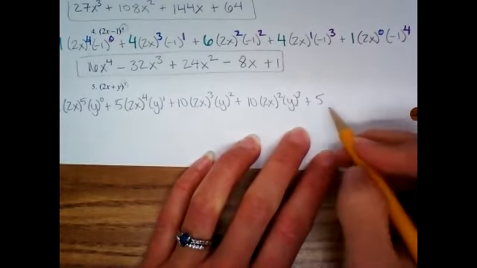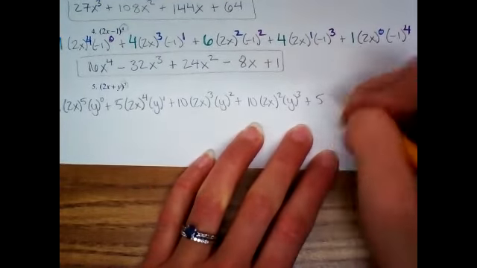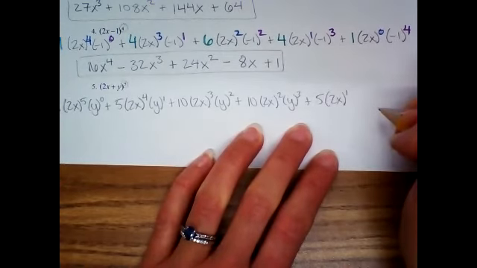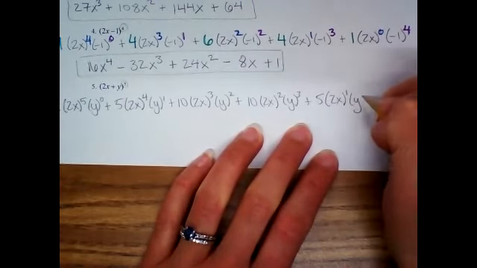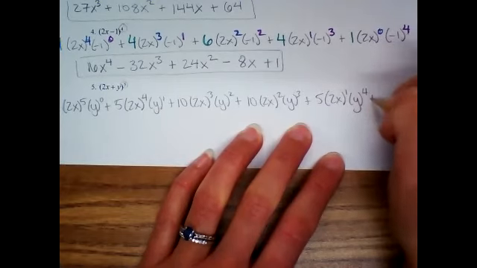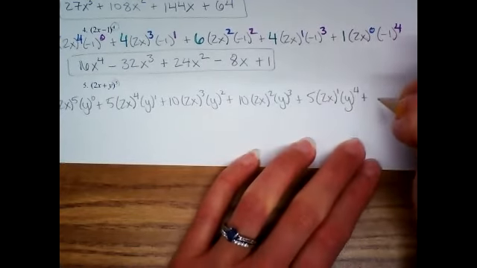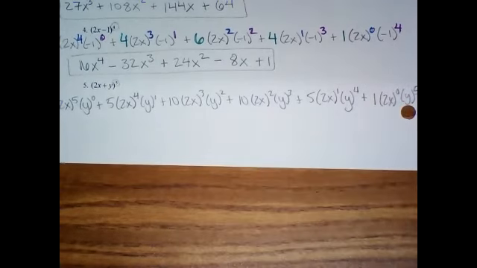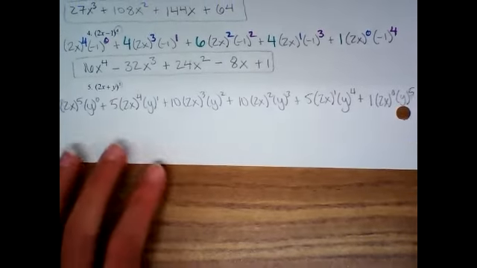This is just me talking at you at this point. It'll be 5, 2x to the first, and then y to the 4th. Good. And then the last one, 2x to the nothing, y to the 5th. Good. I barely fit it in there.